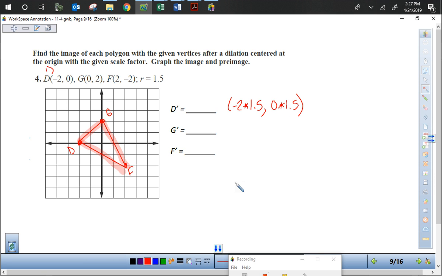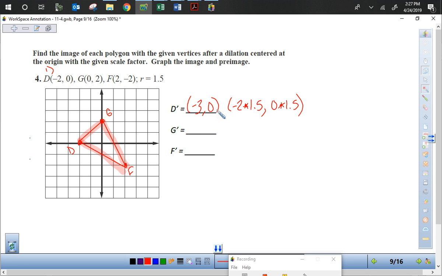That way you aren't confused by that decimal there. So negative 2 times 1.5, type that in your calculator, will give you negative 3. And then 0 times anything is always 0. What that tells us is anything that starts on either your x-axis or your y-axis will stay on your x-axis or y-axis when we graph that.